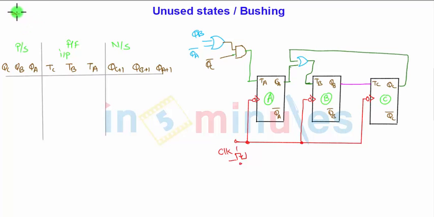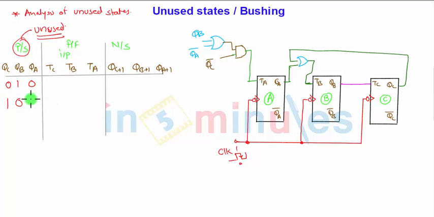Now for unused states, this is the analysis, so I'll write analysis of unused states. These present states are unused in this case. So unused states are 0 1 0, 1 0 1 and 1 1 1, that is state number 2, 5 and 7.